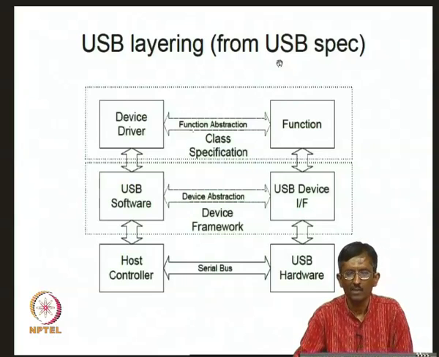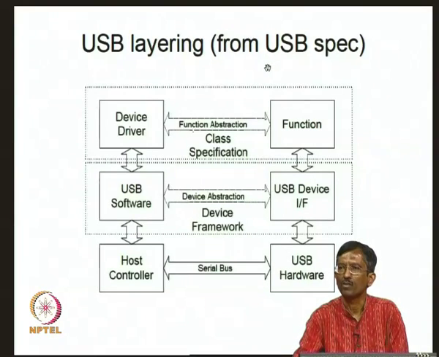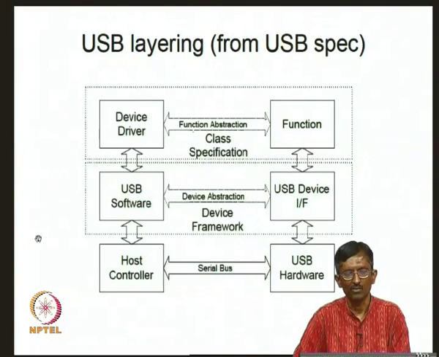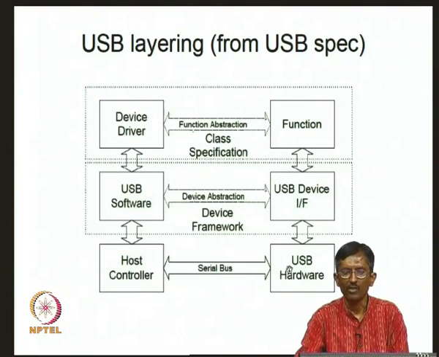So I just picked up this picture from the USB specifications. The diagram draws something similar to this. Let's see what this is. There is a USB hardware here, and there is a host controller, and then there is a serial bus which is connected to this.